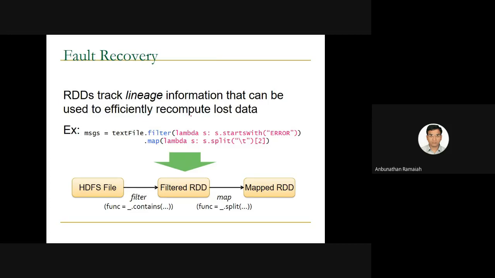Even lost data is recovered. See, if one node has failed, then that data is lost, but the data can be taken from other nodes. For example, lines = textFile, then filter. Here a lambda function is used, starting with error. Map is also used, split by tab. Slash t means two words are split by the tab. So the input is an HDFS file, then filtered RDD, mapped RDD.